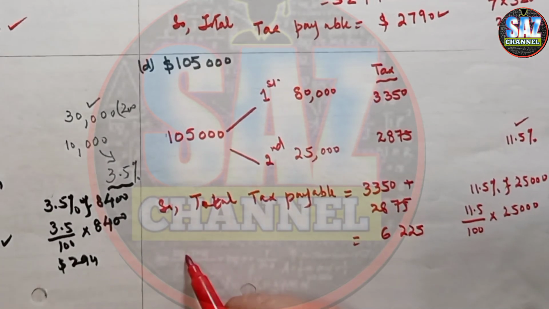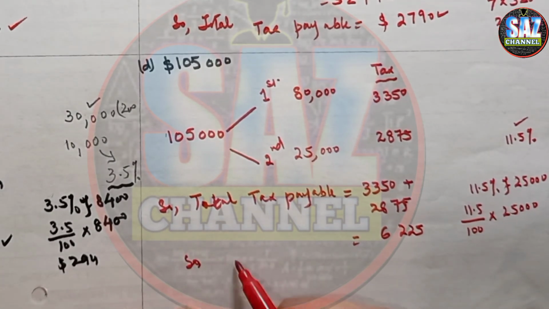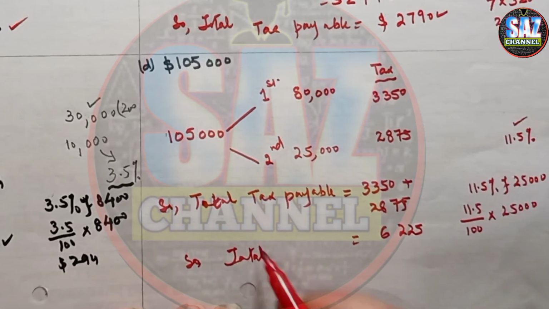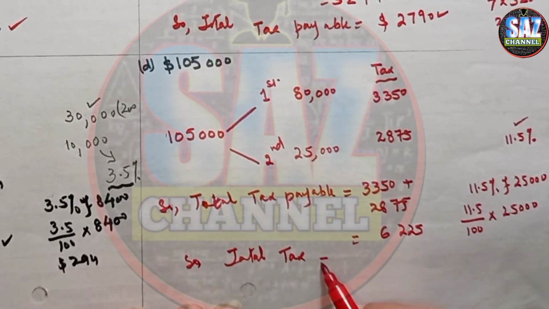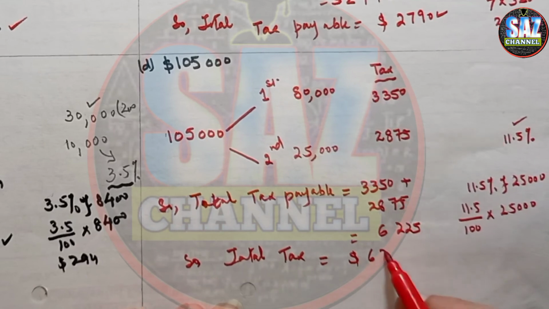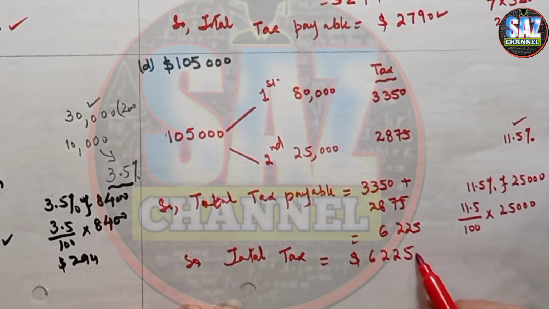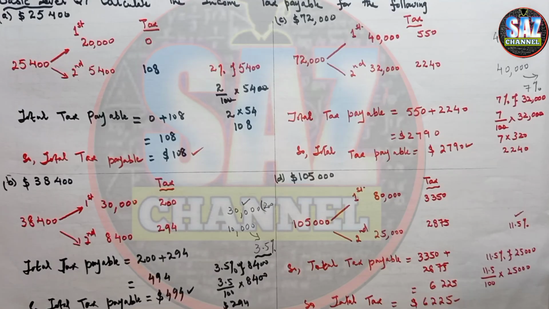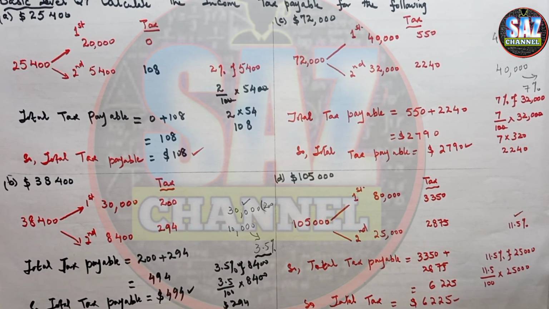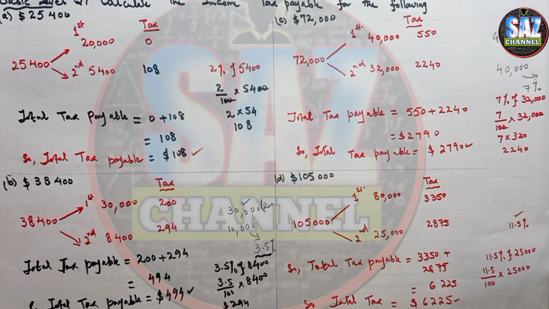So the total tax will be $6,225. I hope you are clear about this lesson, and after this lesson you will be able to calculate how much income tax you have to pay.